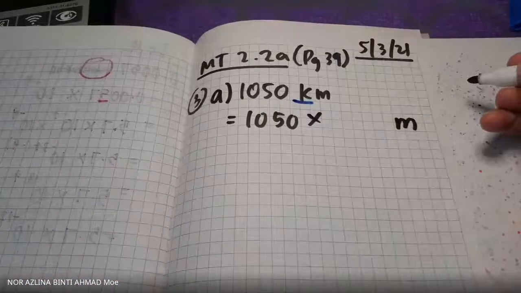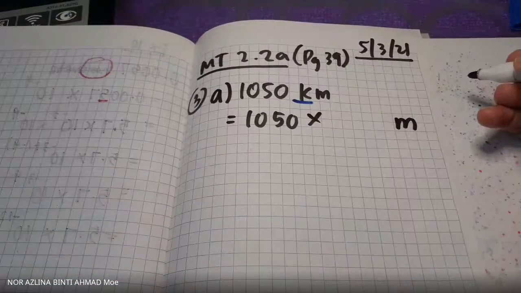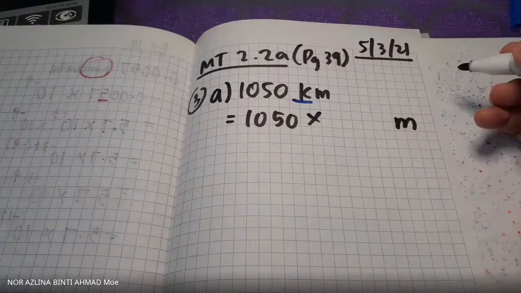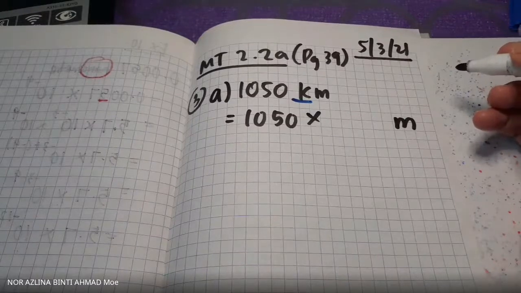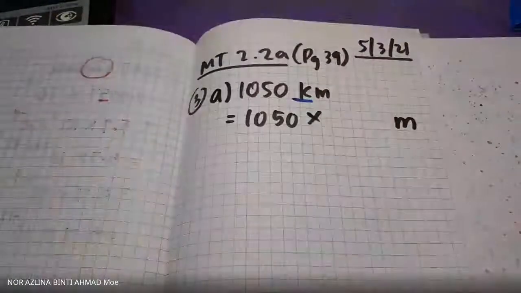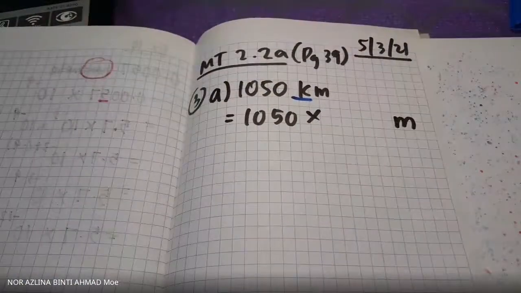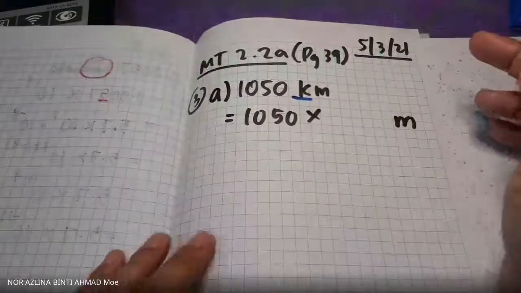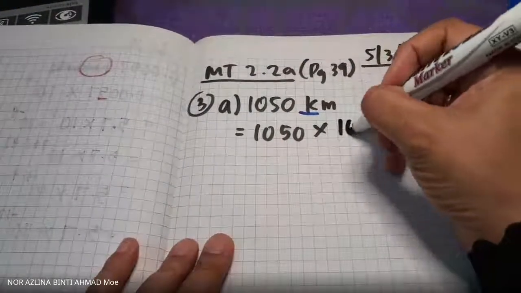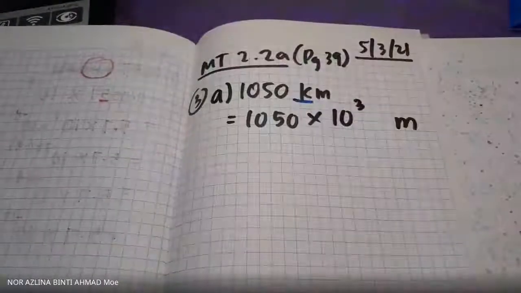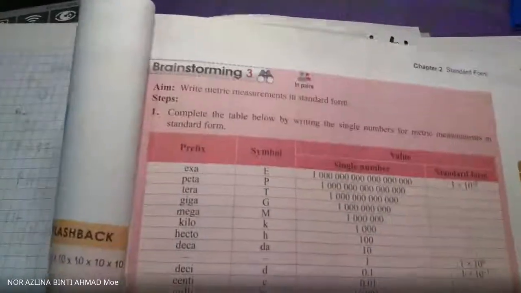So kilo, look at the brainstorming tree. Kalau you dah buat table tu, you boleh tengok. Kilo means multiply 10 to the power of 3. You can refer from the table, brainstorming tree.